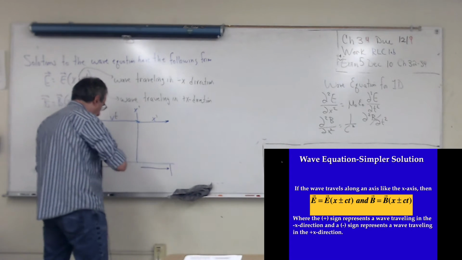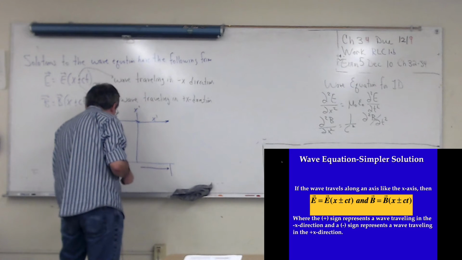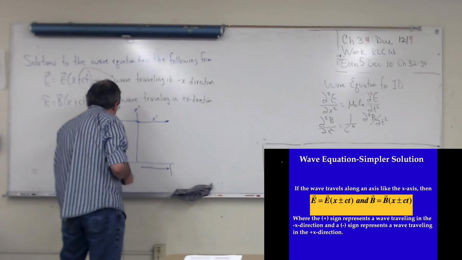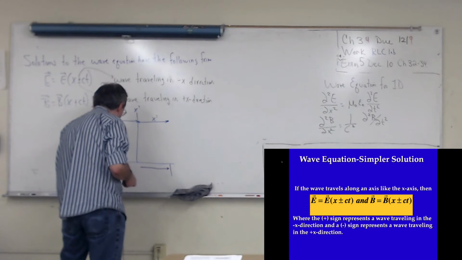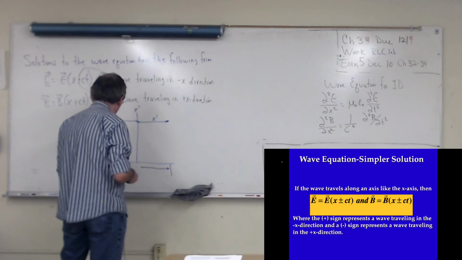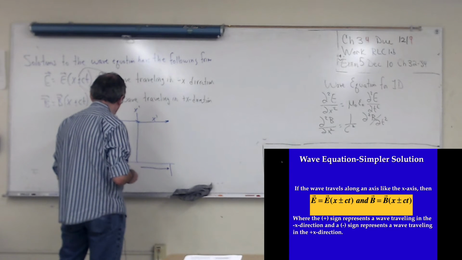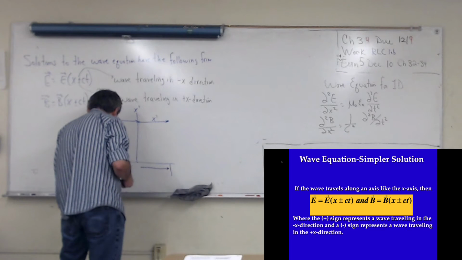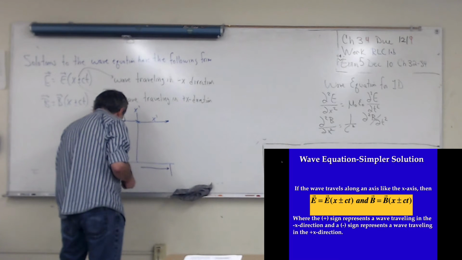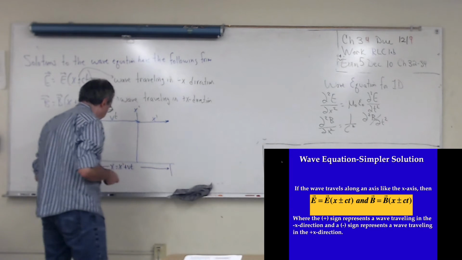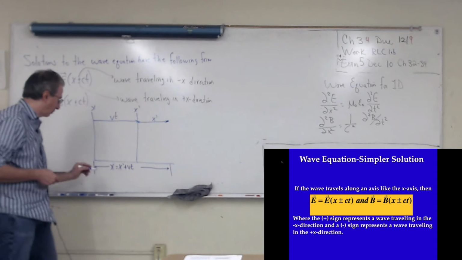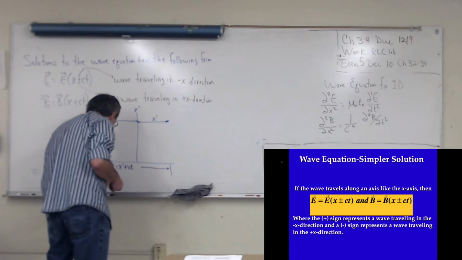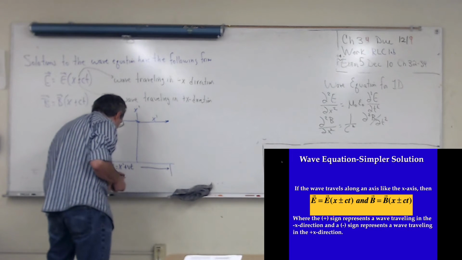Then x equals x prime plus vt. And that makes sense. And of course, x prime is x minus vt, right?